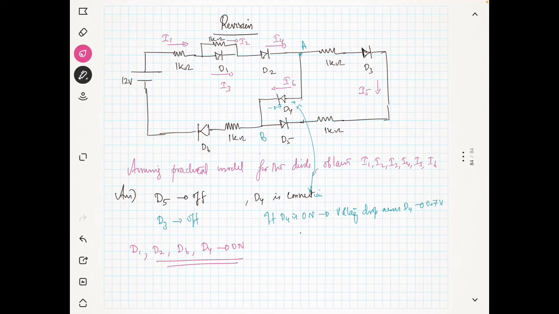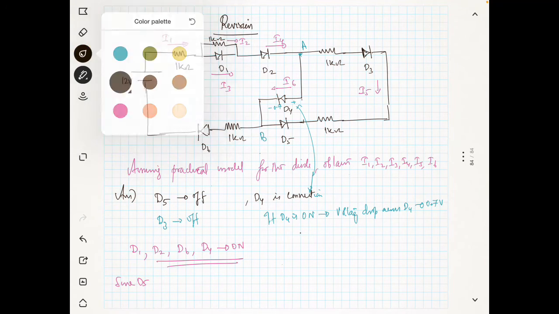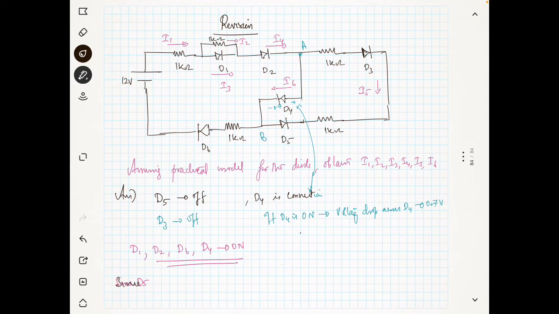Since D5 and D3 are off, the current I5 will be equal to 0 ampere.